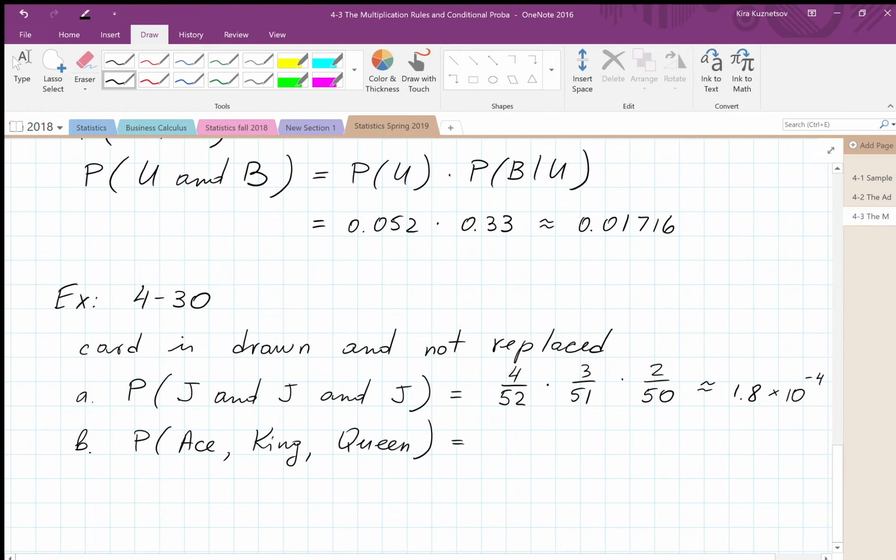The probability of getting an ace is 4 out of 52. Now, if I'm not replacing the card, the probability of getting a king, there's still 4 kings, but there's only 51 cards. Now, as far as the queen is concerned, I still have 4 queens, but there's only 50 cards left.